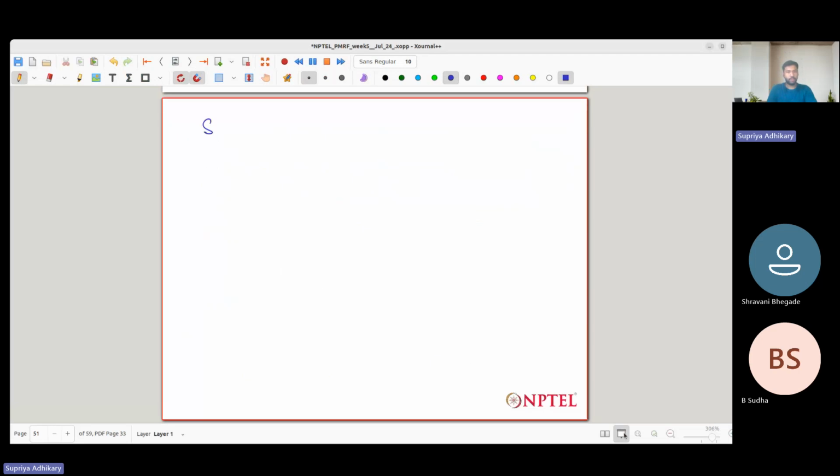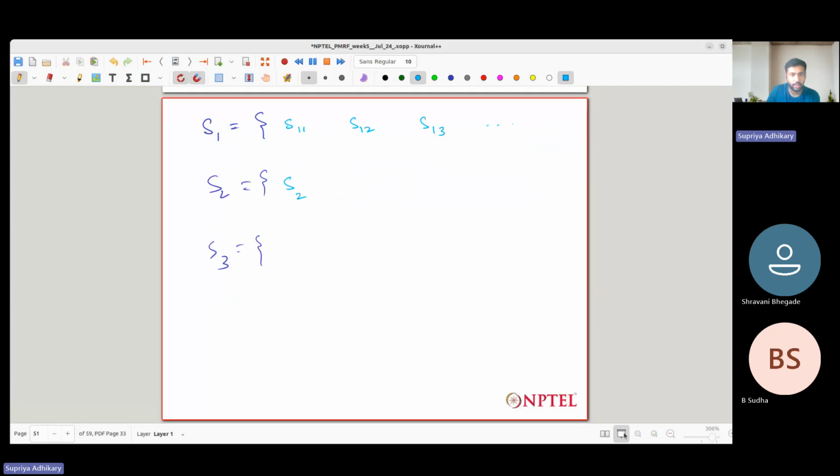So first of all, since S1, S2, S3 are all countable sets, we can enumerate those elements. That means we can write it in this way. Suppose the elements can be written as S11, S12, S13, and so on.